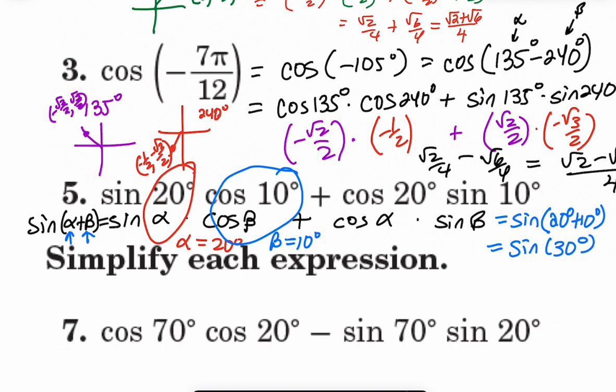Now, we know what the sine of 30 is by putting it back together. I didn't know what 20 and 10 was, but 20 and 10 add up to 30. And so I do know what the sine of 30 is. The height of the point at 30 is 1/2, and that's exactly what that value is. So that value, you're going backwards.